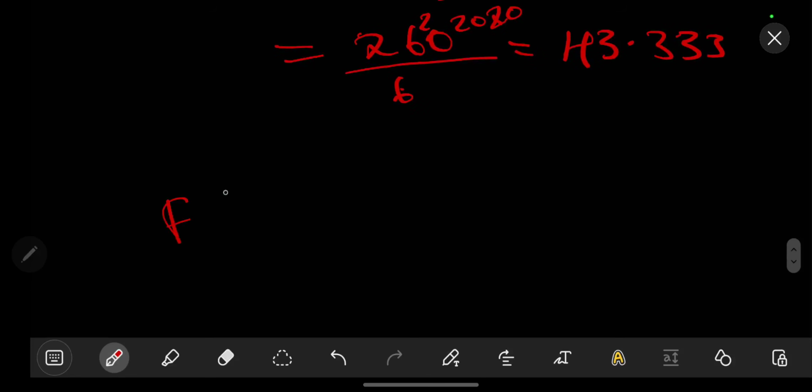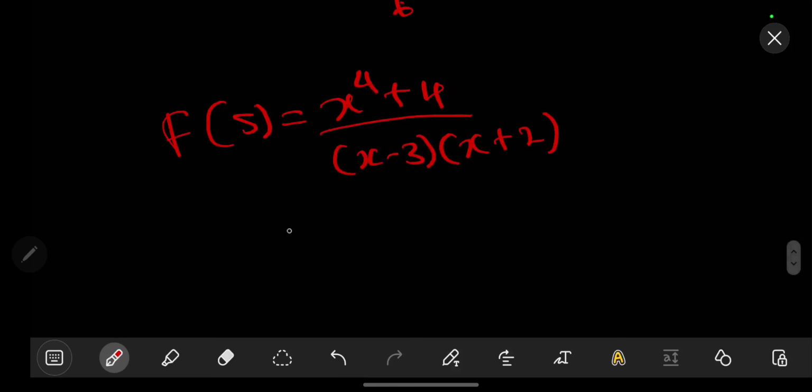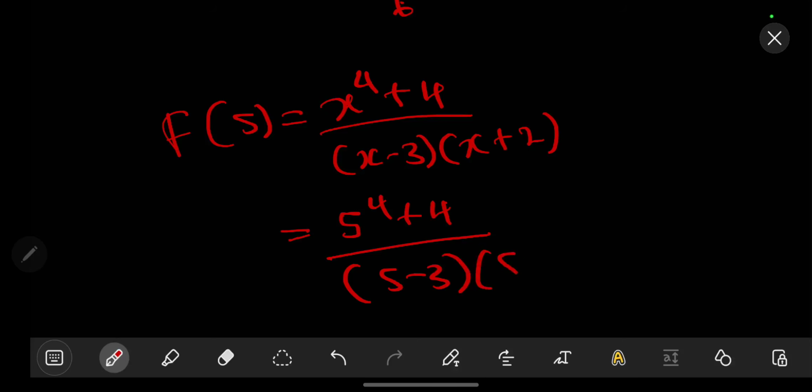We are going to have our f of 5 should be equal to, we have our x to the power 4 plus 4 over, we have our x minus 3 by our x plus our 2 like that. So x is 5 to the power 4 plus our 4 over, we have a 5 minus 3, then we have a 5 plus a 2 like that.